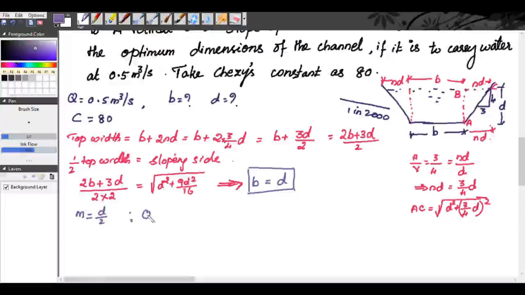So we will use Q is equal to area into velocity, so area into C into root of mi.